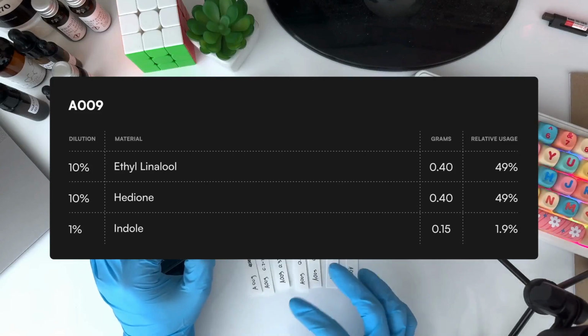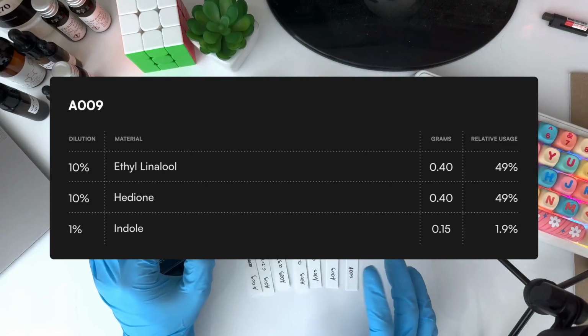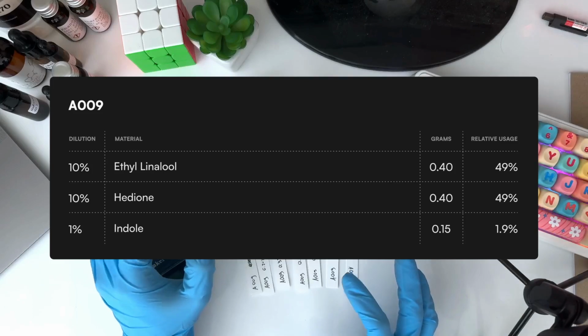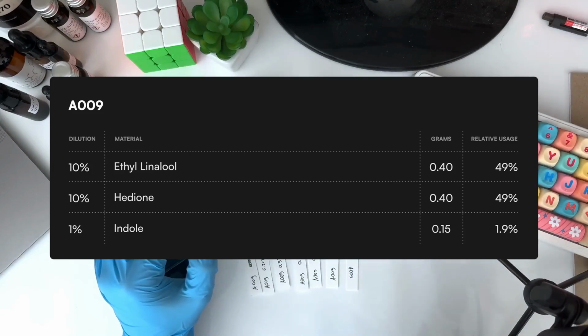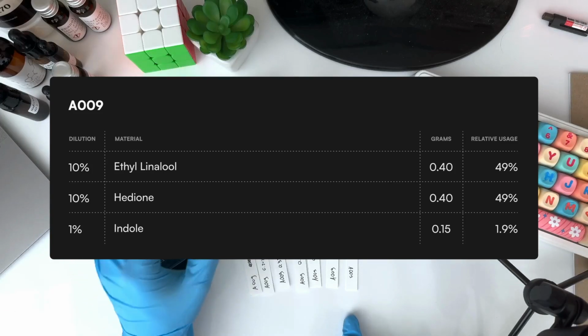I went from 0.10% to 0.20, 0.37, 0.58, and then 0.95% is when I started to feel Indole in this formula. And when I went up to 1.44%, that's when I started to feel it even more. And I stopped at 1.92, so almost 2% relative usage of Indole in this formula.